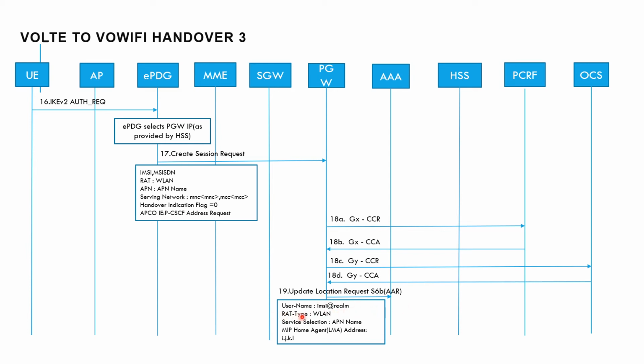The main information elements are the IMSI username, then RAT type, which is WLAN, service selection, which consists of the APN name, then the MIP home agent address, which is our P gateway address basically, which is sent to the AAA.